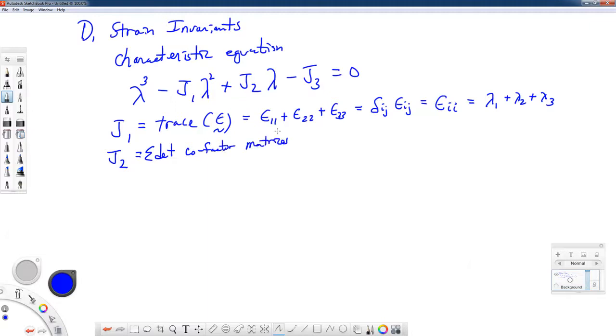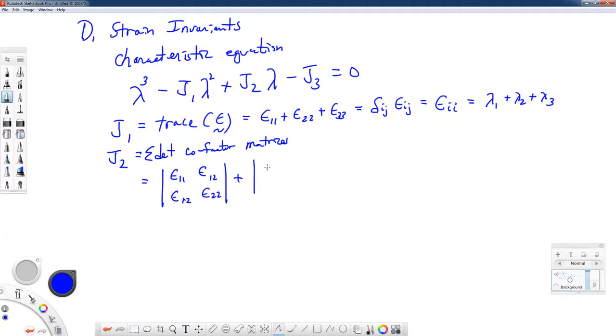How you determine the cofactor matrices is you strike a column and a row out, and then you find the determinant of the 2x2 things that are left. So, for example, if we had the full 3D, fully populated 3x3 strain tensor, if we struck out one of the rows and columns, we would be left with a 2x2 matrix. We would have these values.